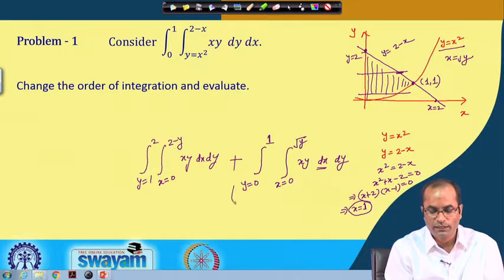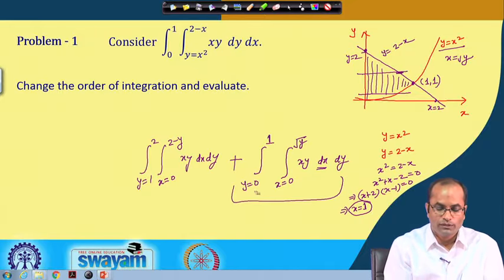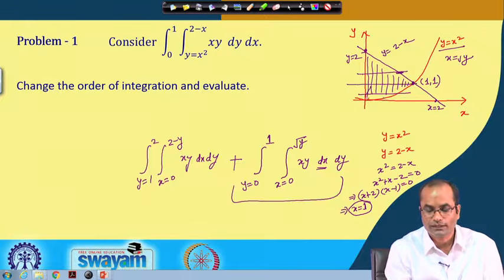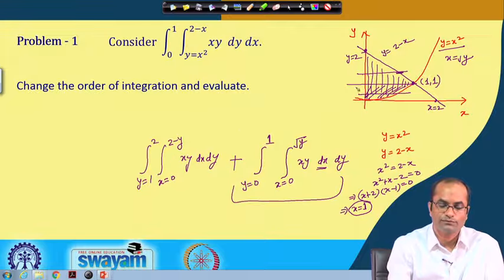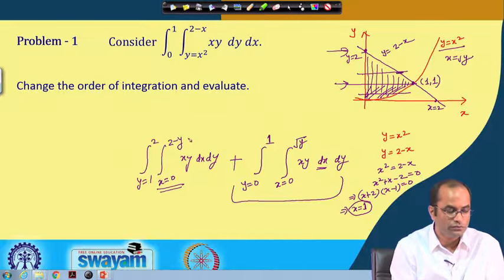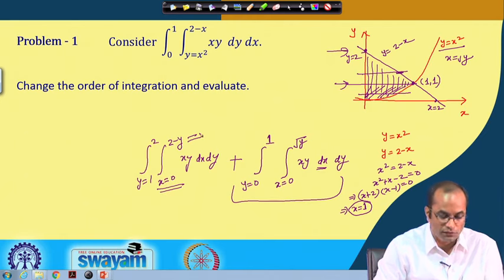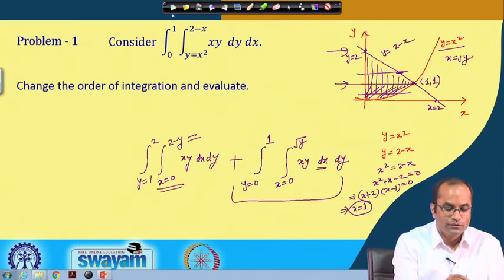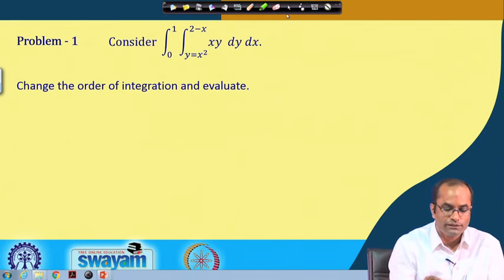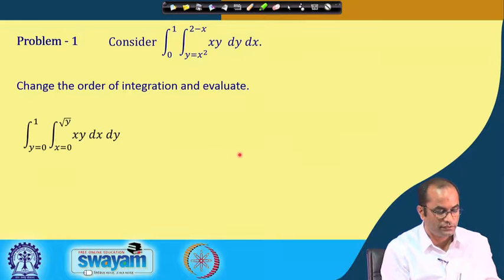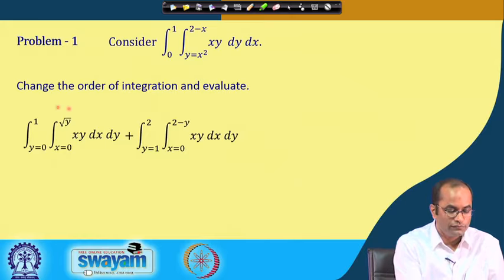So, we have two parts now: one where y is going from 0 to 1, this domain here, and the upper one where y is from 1 to 2, where x is going from 0 to 2 minus y. So, having changed the order of integration, we have these two integrals.